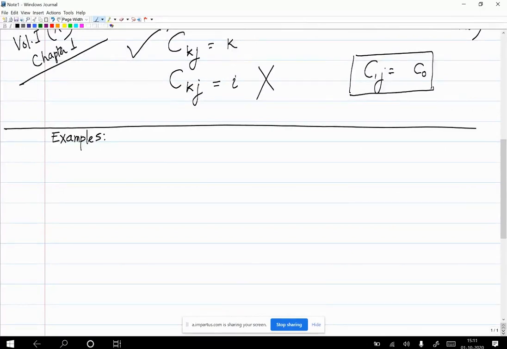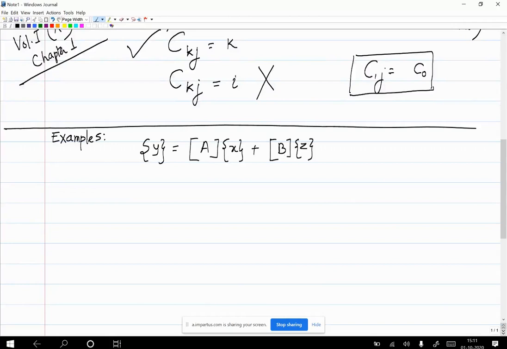This example is also in the book, by the way. It says, think of this equation, y equal to ax plus bz.